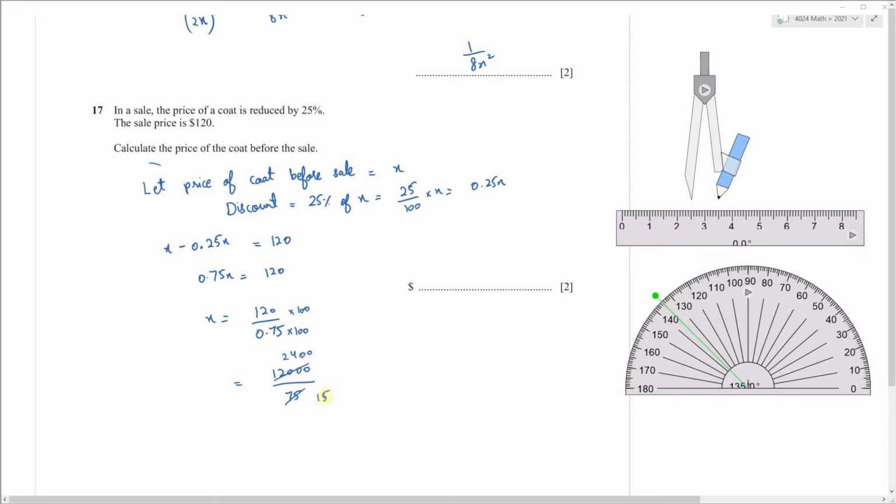Again, I can divide by 5, 5 threes are 15, 5 fours are 20, 4 remainder, this will become 40, 8s are 40, and then this 0 as it is. And then I can divide by 3, 3 ones are 3, 3 ones are 3, 1 remainder 18, 6 are 18, and 0. So $160 is the value of X, which is the price of the coat before the sale. So your answer is 160.